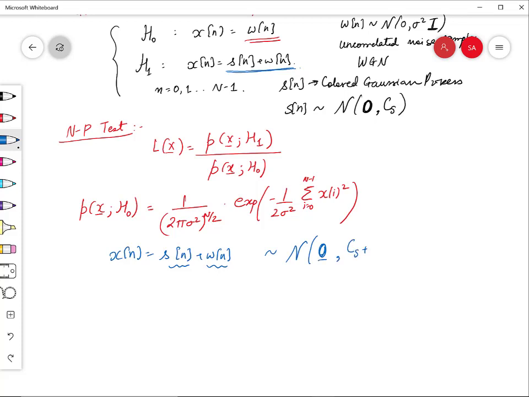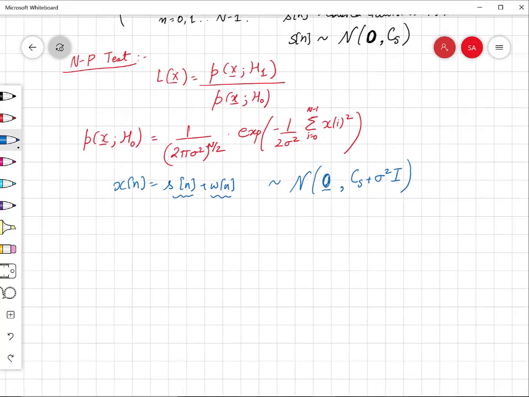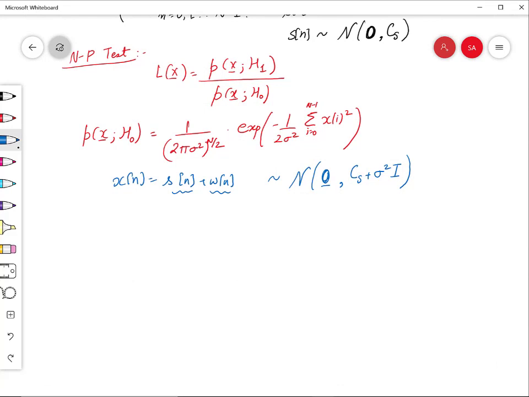So the variance is Cs plus sigma square I. This is the overall variance of xn under hypothesis H1. So let's write the likelihood function. The probability of x given H1 is equal to 1 over 2 pi power N by 2 times the determinant of Cs plus sigma square I, power half.